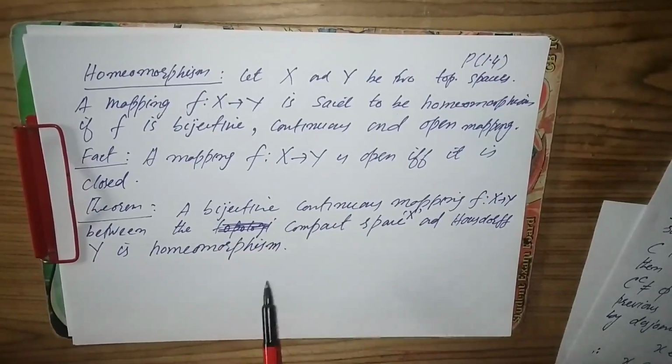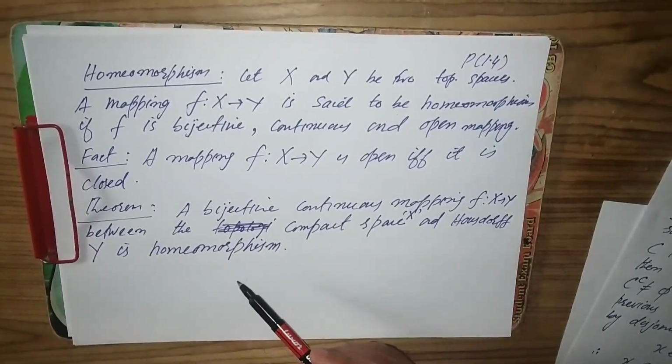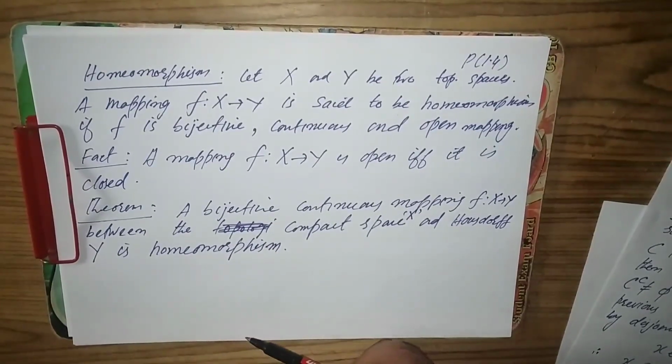It's bijective, it's also continuous, but we show that it's a homeomorphism. That means we show that it's also an open mapping.